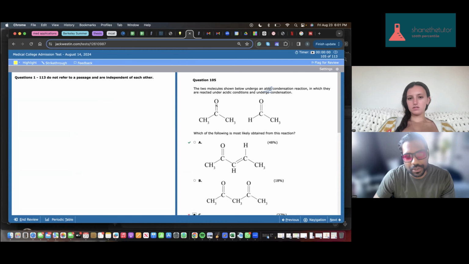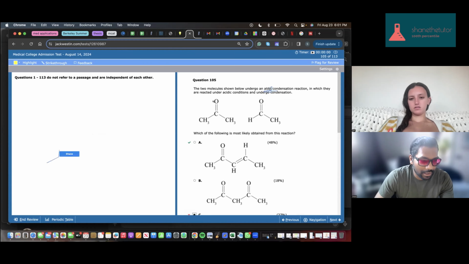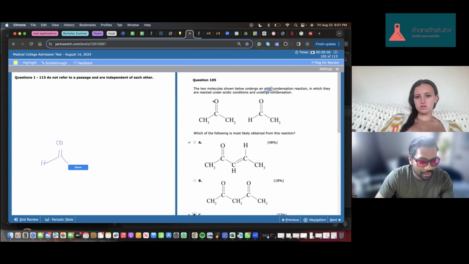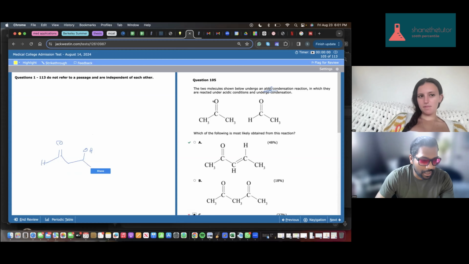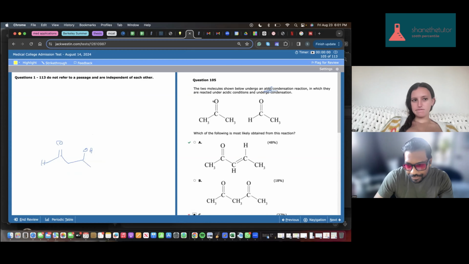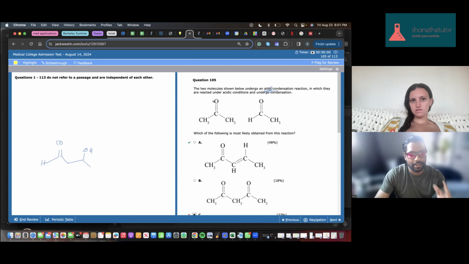So the aldol that you're going to end up getting is something like an aldehyde and an OH group. That's the aldol, the combination of the aldehyde and the OH group. But typically you'll see the OH group leave and a double bond forming, and that's what you'll see for aldol condensation.